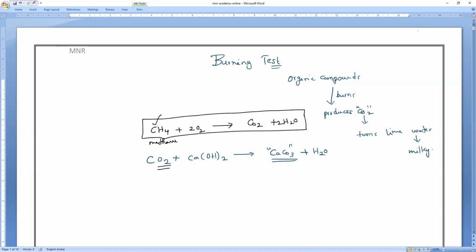Methane contains carbon. If it burns in the presence of oxygen, it will produce carbon dioxide plus water. This carbon dioxide reacts with lime water. Lime water is what, everybody? Calcium hydroxide. So it forms calcium carbonate plus water. That is what turns milky.